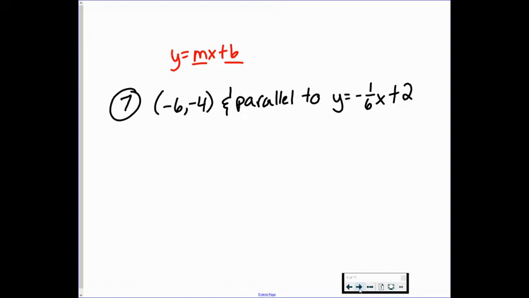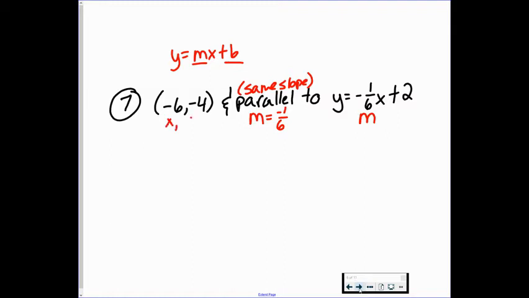As you look at question 7, we know that the line we're creating is parallel to this line, which means that the slope must be the same as it is right here. In order for two lines to be parallel, they must have the same slope. So the slope of our line is m equals -1/6.